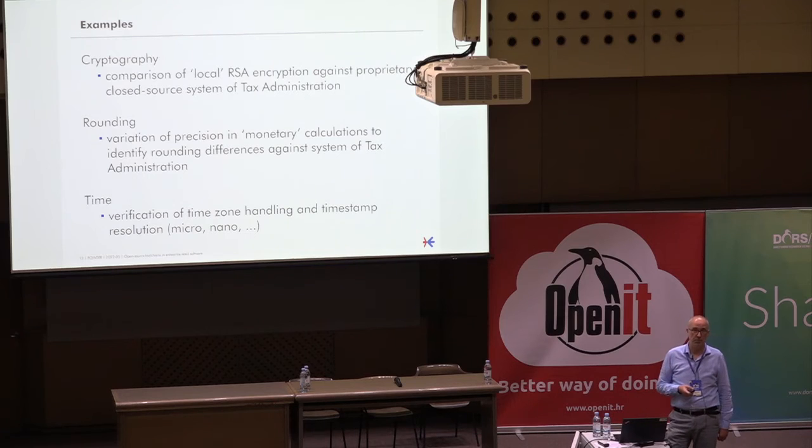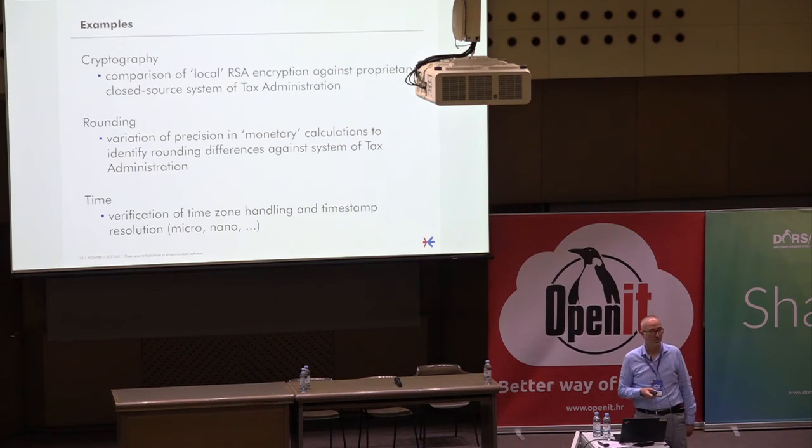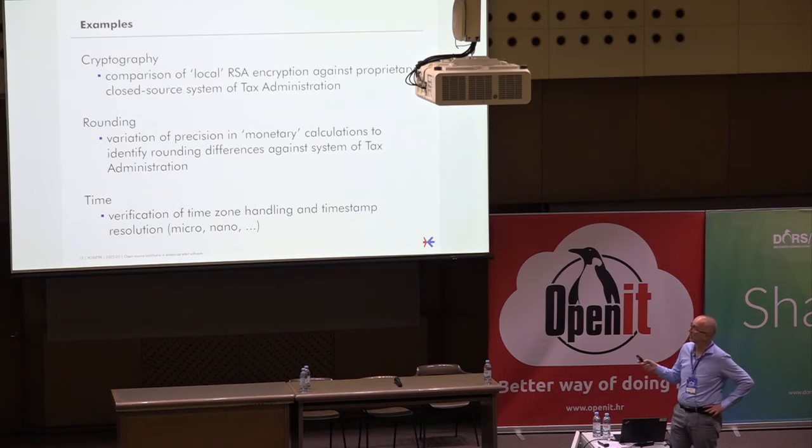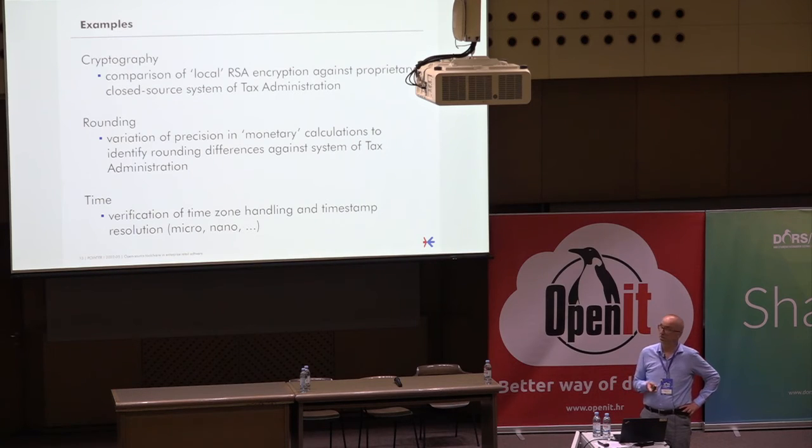Rounding. We pinpointed a nice problem with rounding schemes within the server at the tax administration, which hopefully helped them as well. We had a nice feature: we were able to scale, to vary the precision in our monetary calculations to pinpoint the error that we fished out. And of course, as I mentioned earlier, whenever you do something with time, we always struggle with time resolution.